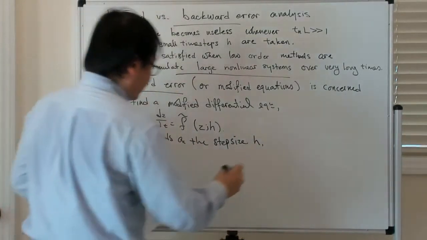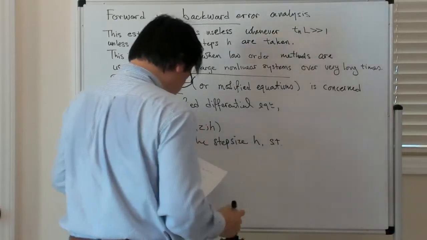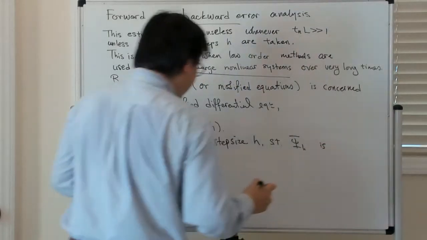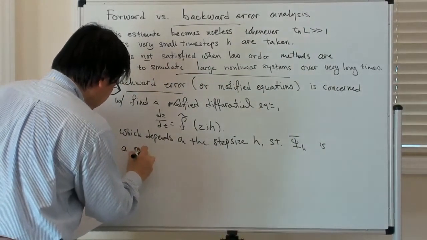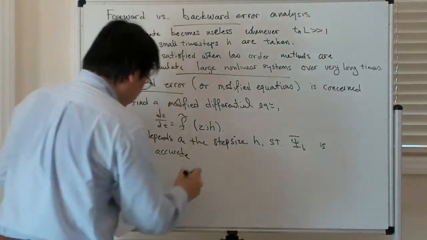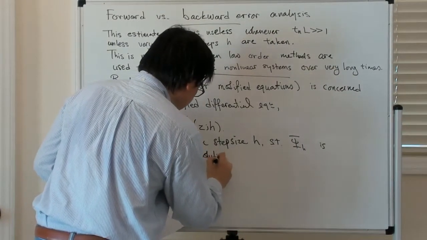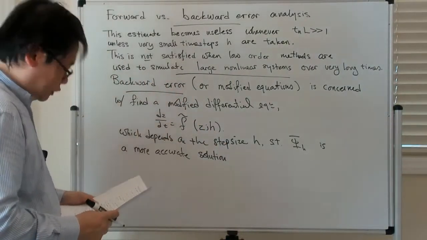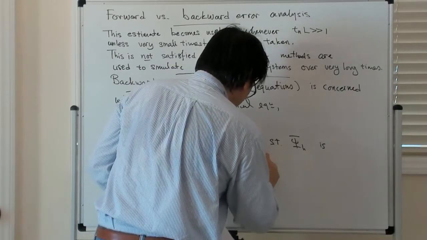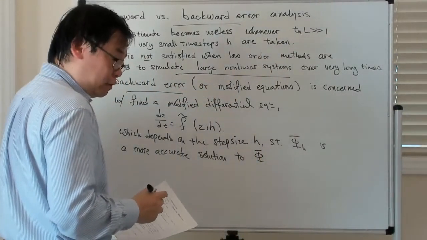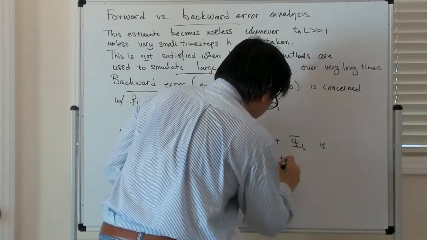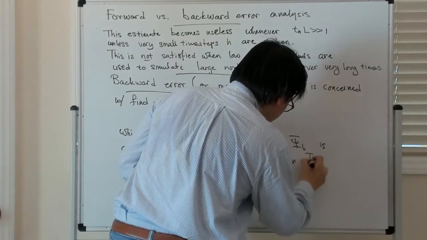Okay, such that your original one-step method, Psi_h, is a more accurate solution to this modified differential equation. So it's a more accurate solution or approximation of the exact flow map of the modified vector field than of the original vector field.